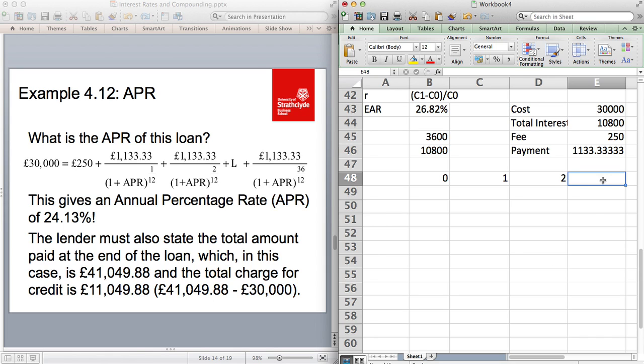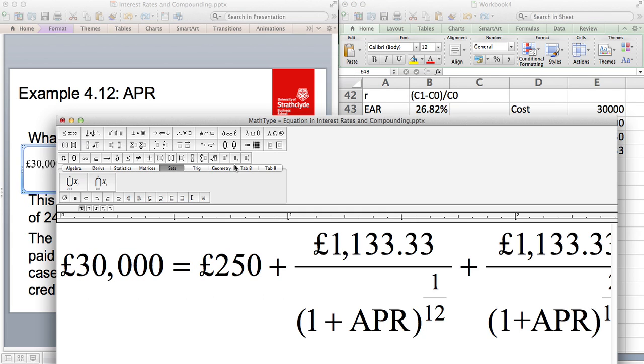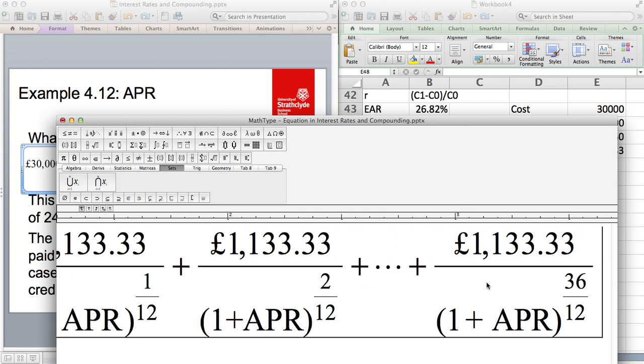The notation here is an ellipsis, three dots, and it represents just going from 1 over 12, 2 over 12, all the way up to 36 over 12. That's 3 years.